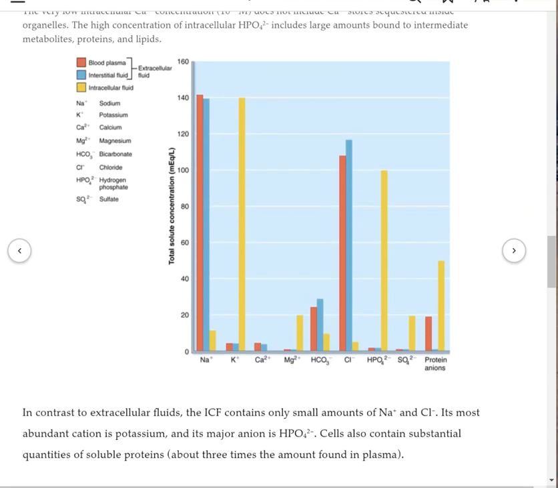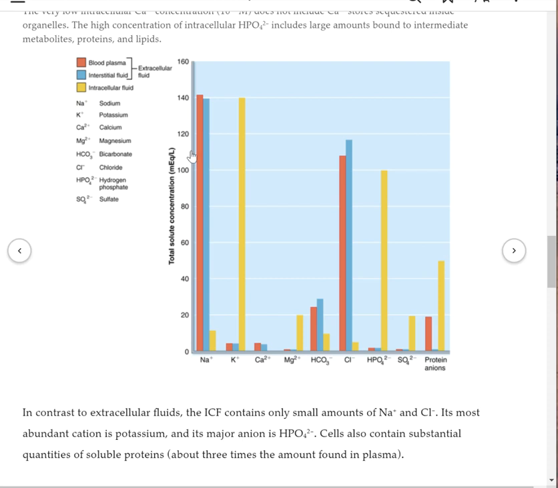So if we look at the red and the blue lines, that's extracellular fluid, right? Fluid out, not inside our cells. The red is blood plasma, and the blue is just other interstitial fluid, okay? And so if you look, they're very similar. This is the concentrations, milliequivalents per liter, all right?